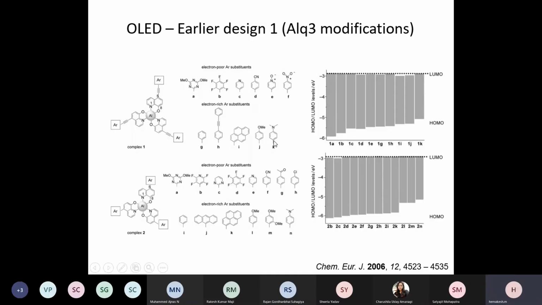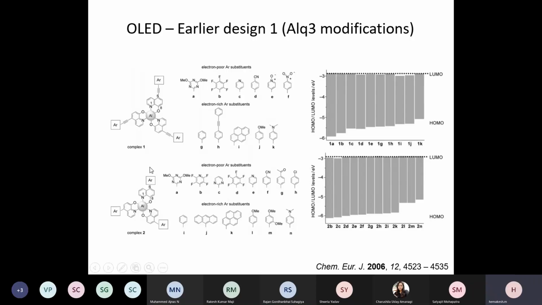If you recall, electron donating groups raise the energy of HOMO, and that's why going from A to K, the energy of HOMO is going up while LUMO is not getting affected too much, and that changes the band gap, and that in turn changes the color you would expect from the device you make.